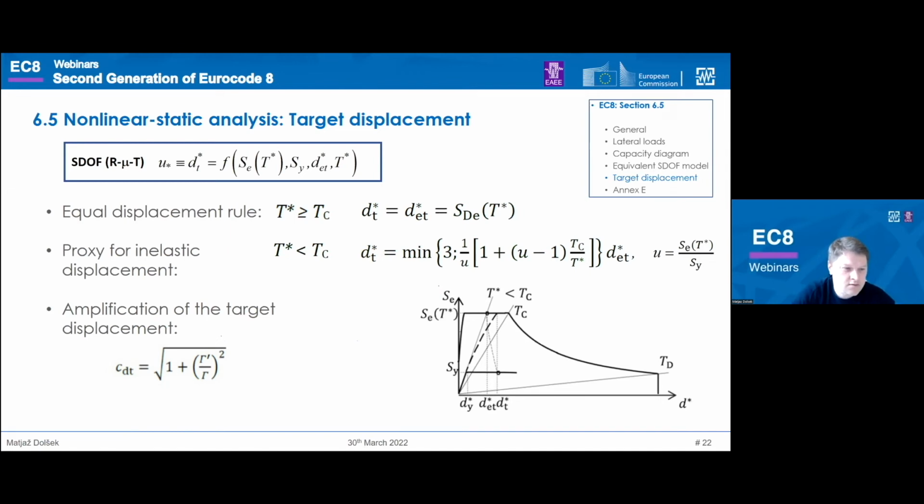This is done by the SRSS rule, where this gamma is based on the participation factor for the same direction as this dt, but due to the loading in the other direction.